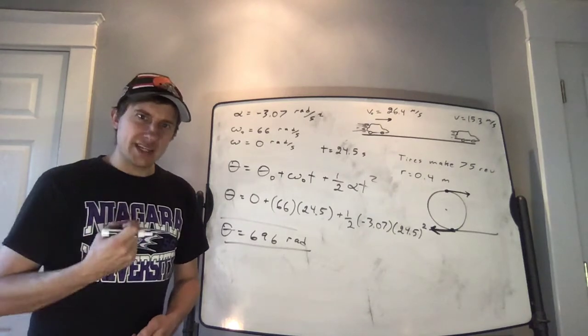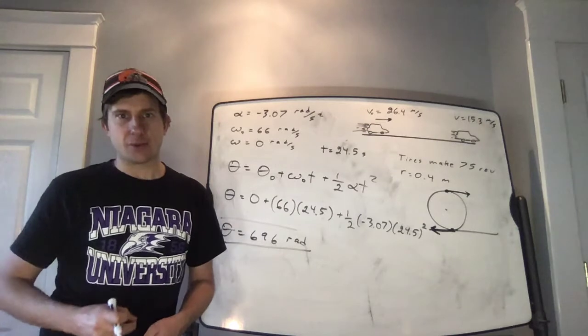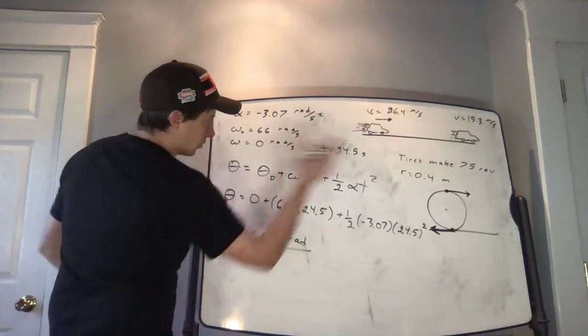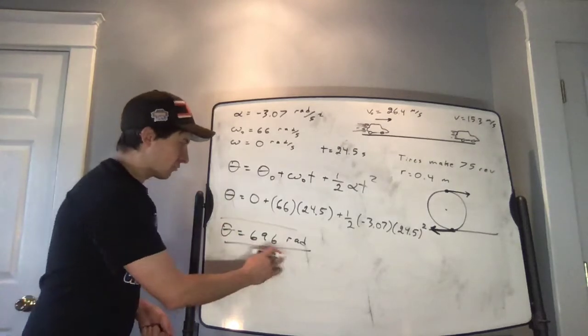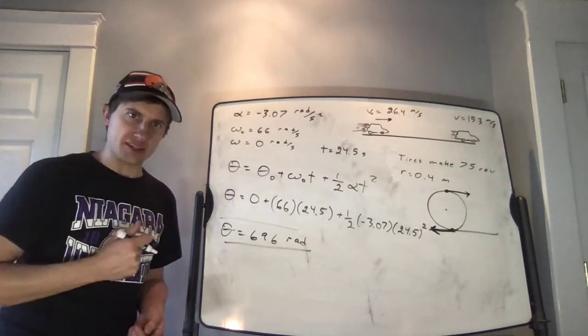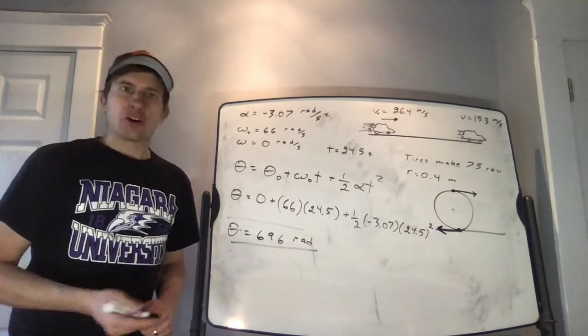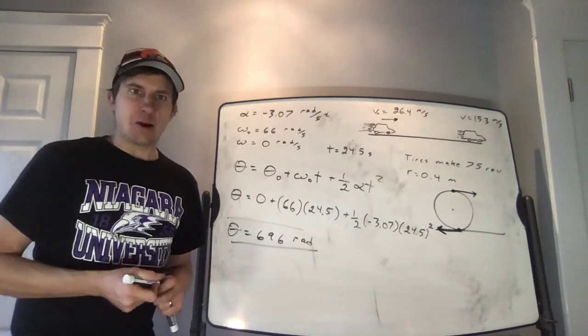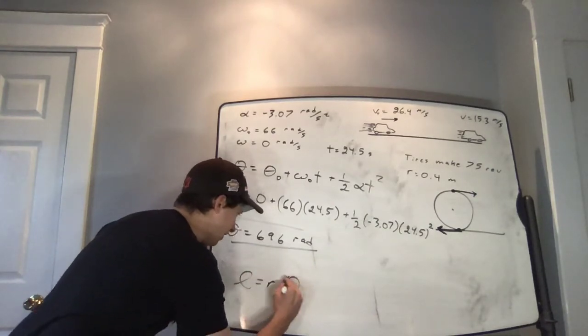So what is the arc length? How long is the string wrapped around the tire? For a tire of radius 0.4 meters that spins around through an angle of 696 radians, the relationship between the length of an arc around a circle of radius r is given by L equals r theta.